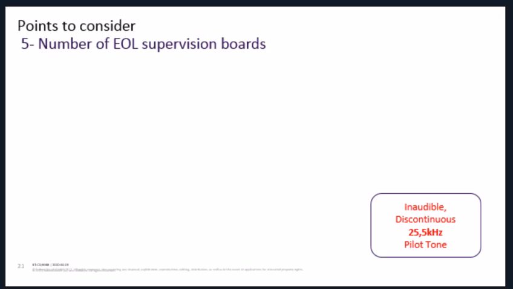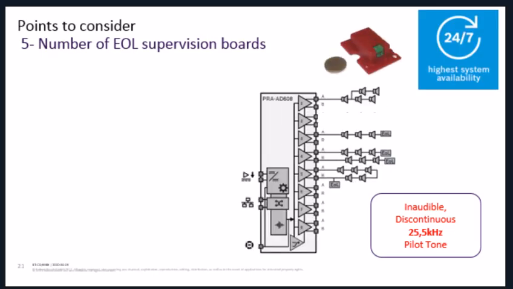It's an inaudible, discontinuous 25.5 kilohertz pilot tone. So none of your customers will be able to hear this frequency during the supervision. And I said it's discontinuous, so sometimes it comes and sometimes it goes. So it's not continuous, it's not always there, and that's another advantage, of course, of the pilot tone. By saying that, let's look into the end-of-line board.